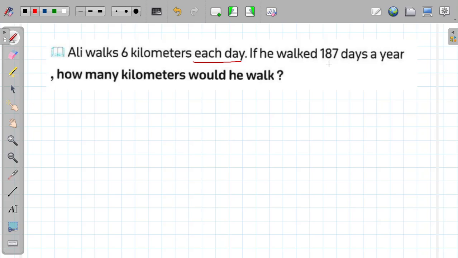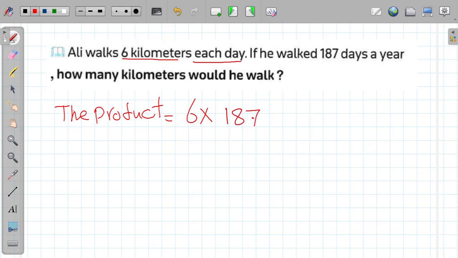So I want to repeat 6 kilometers 187 times. So I will multiply 6 kilometers by 187. The product will be 6 times 187. Okay, I will use the area model.